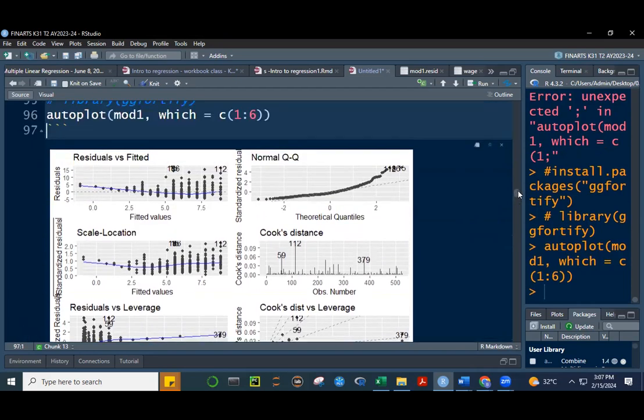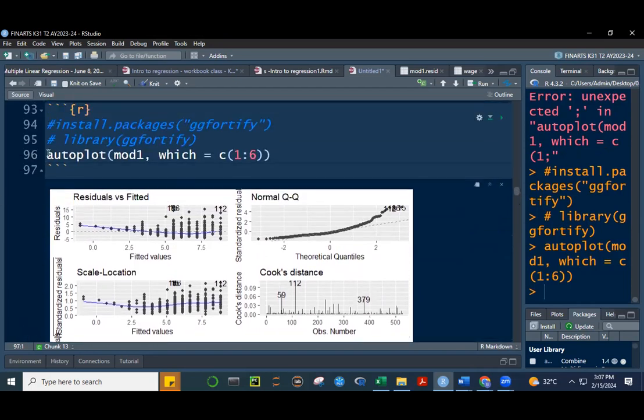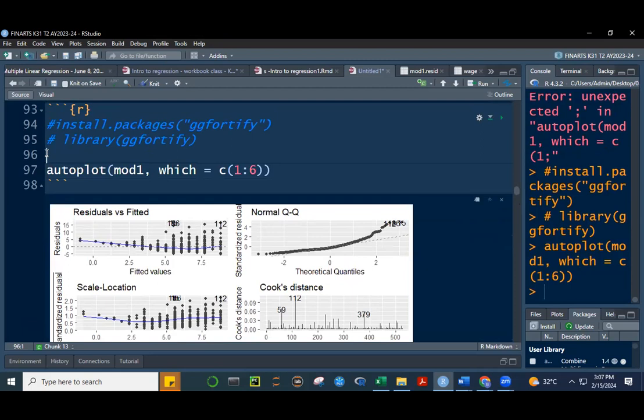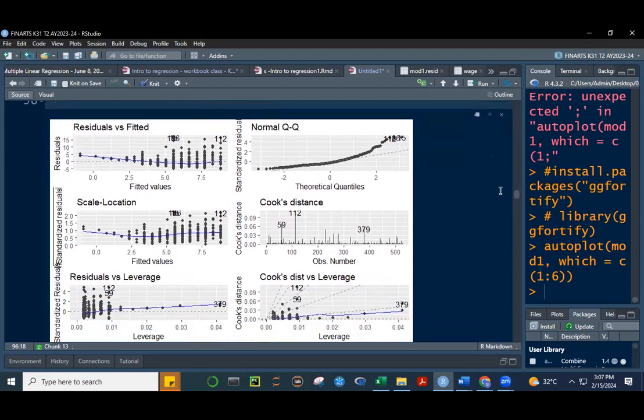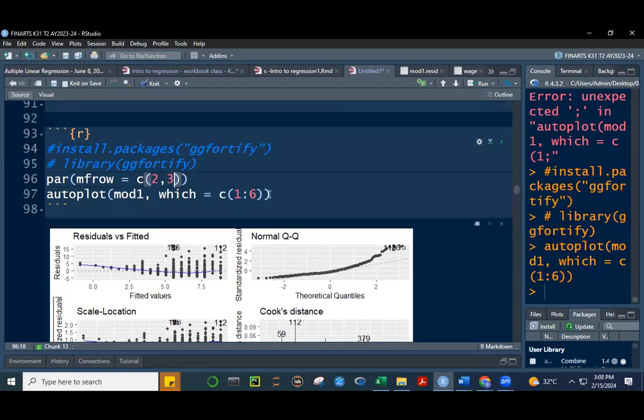So ito yung 6 by 6 coming from autoplot. But let me see if I partition and F row is equal to C, kasi this is 3 rows by 2, I make it 2 by 3. Let's see if it will change the format. Kasi 3 rows by 2 eh. If I make it 2 by 3, run this.